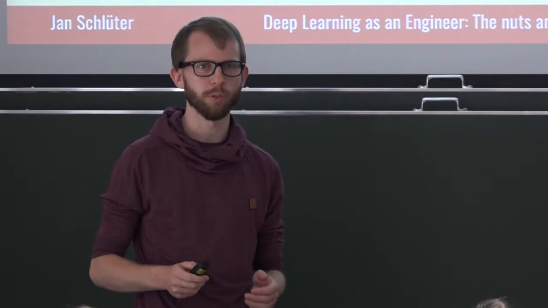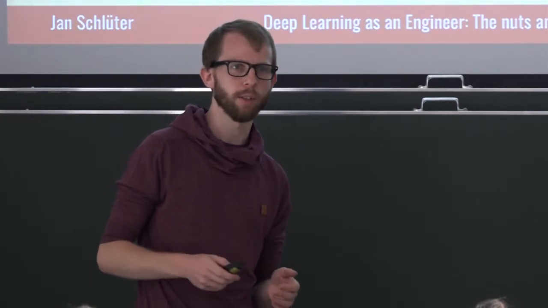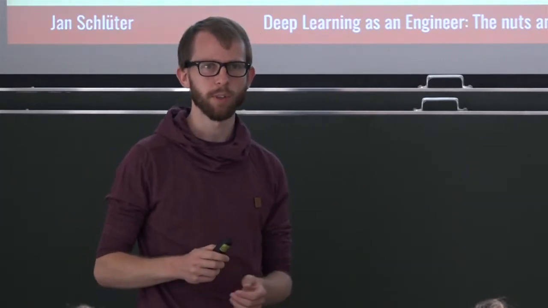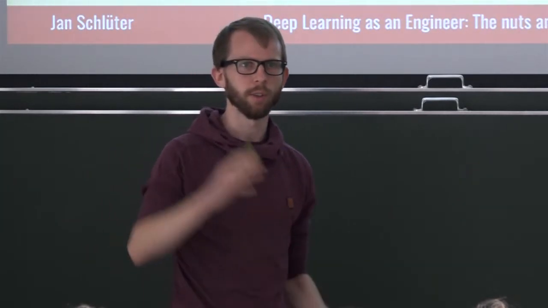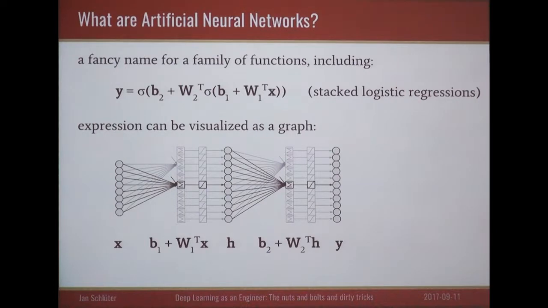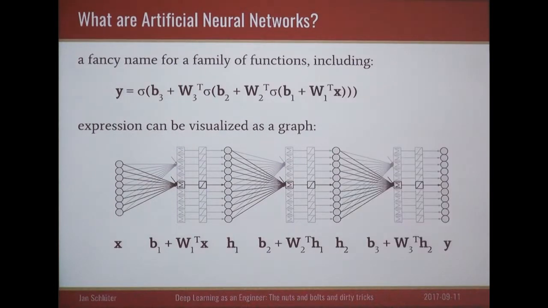It doesn't tell how to find it, and it turns out that in practice, training a very, very wide network with a single hidden layer doesn't work as well as trying to train a deeper model to solve a task. So we're back here, we're adding another layer, and now this is a deep network.